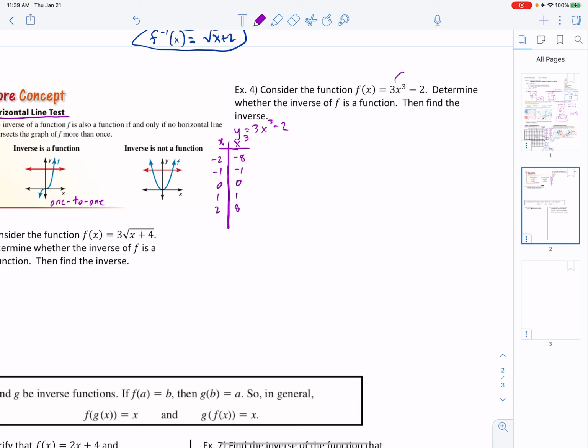And the 3 is a vertical stretch by 3. That means we need to multiply y by 3. And the minus 2 means you're going to go down 2. So you're going to subtract 2 from y. And we need to do it in the order that it's written left to right. We need to do the vertical stretch first.